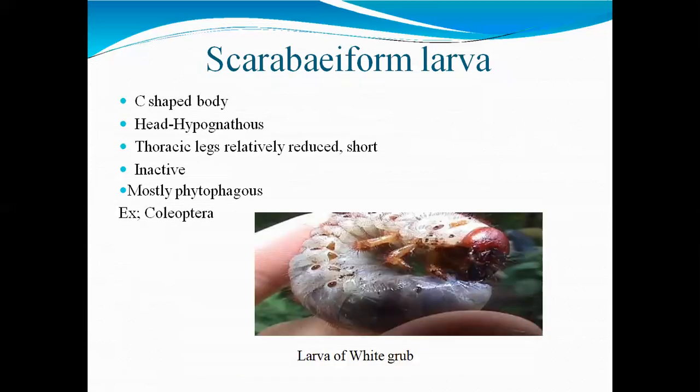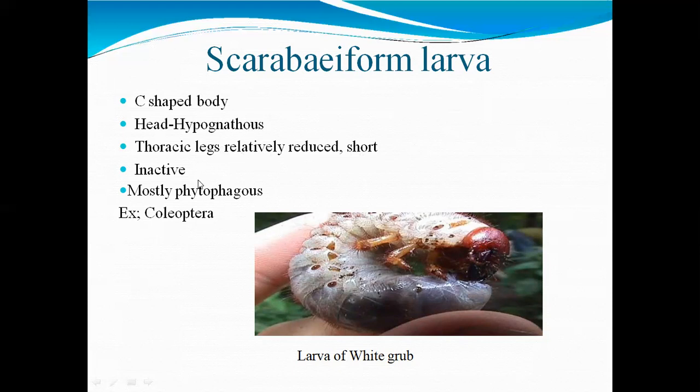Second is scarabaeiform larva, which has a C-shaped body. Head is hypognathous, which is the second type of head, like opisthognathous and hypognathous. Next, the thoracic region is relatively reduced, and the thoracic legs are short.